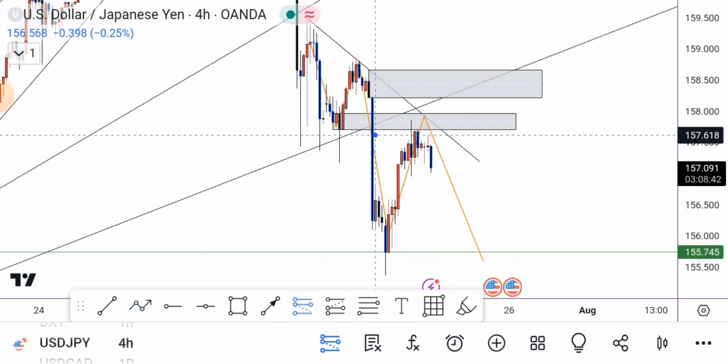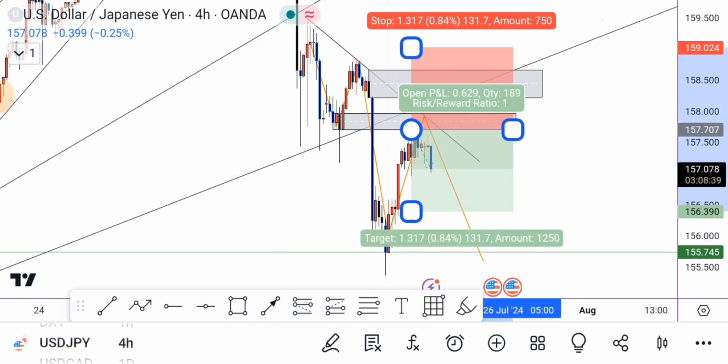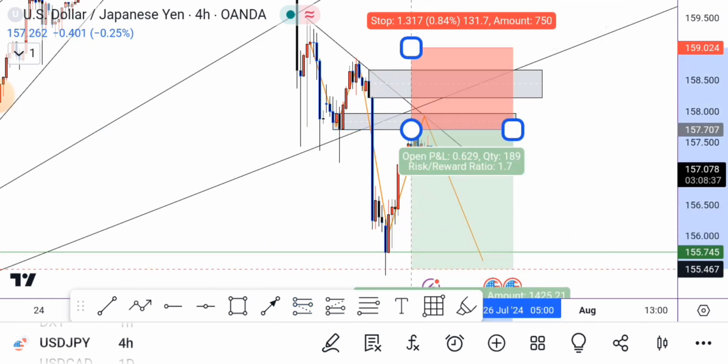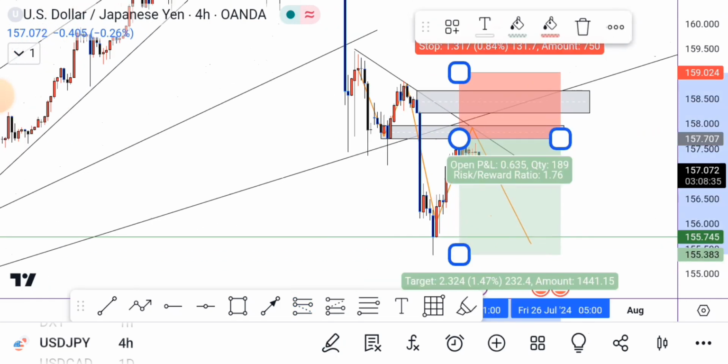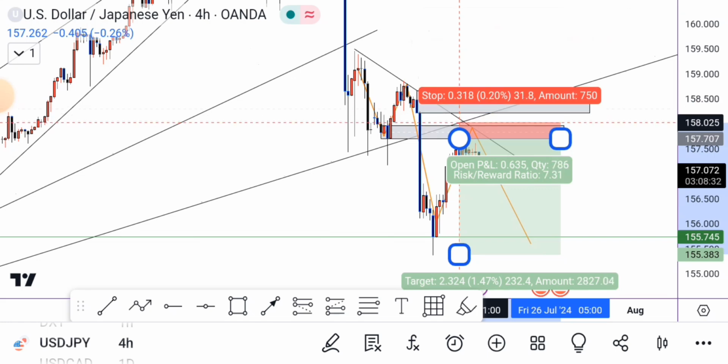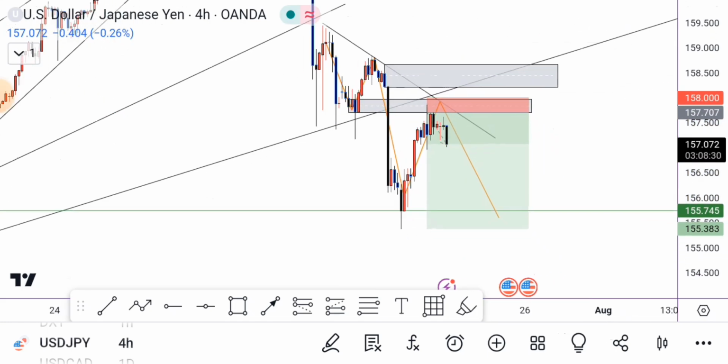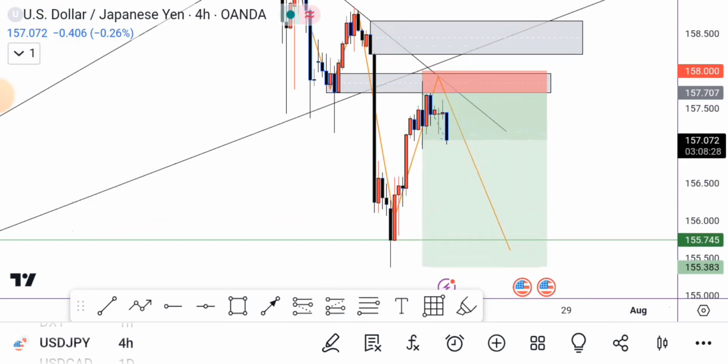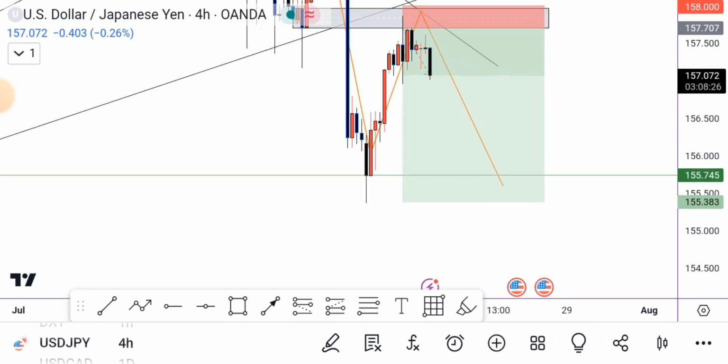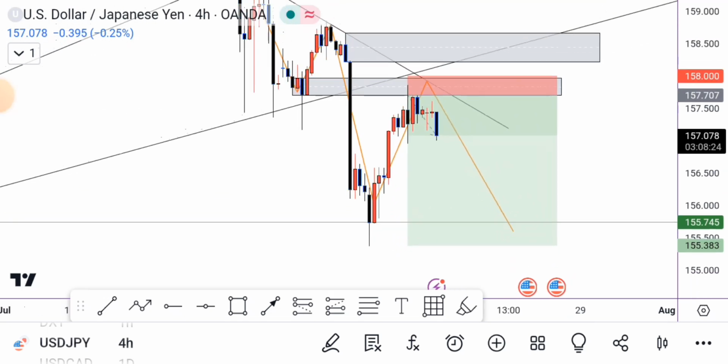So you can take an entry at this level over here, target this low, put your stop loss over there, and boom, tapped in profits, guys. Simple as that.